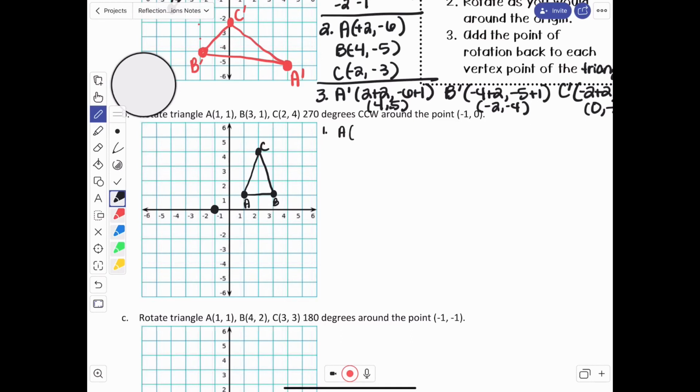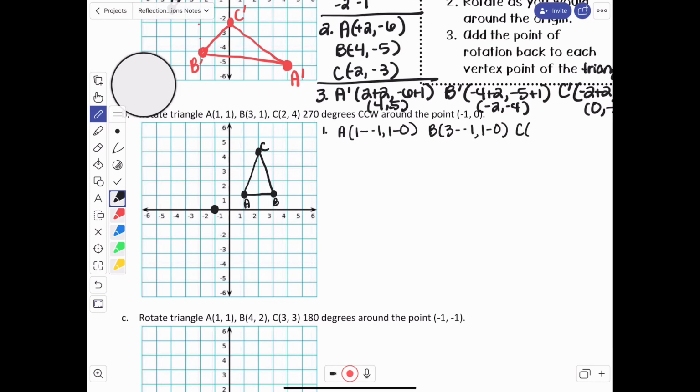we want to do 1 minus negative 1 and 1 minus 0. For B, we want to do 3 minus negative 1 and 1 minus 0.